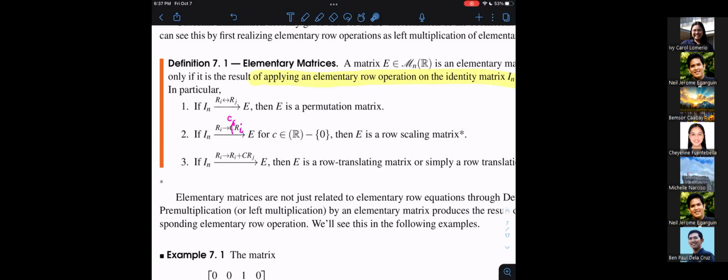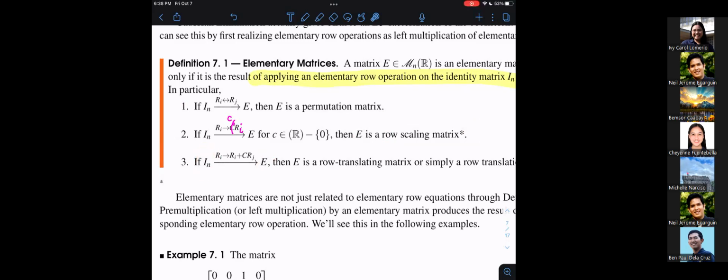And the third type is, you can guess, the matrix E that we obtain from adding a multiple of a row to another row, right? Ito naman yung analog ng pangatlong elementary row operation, pero i-apply natin siya sa identity matrix.